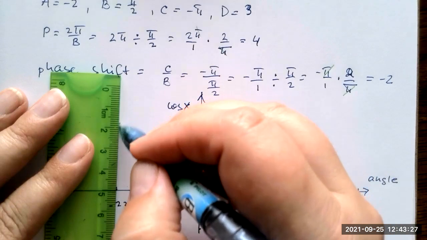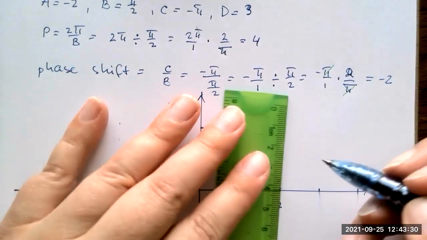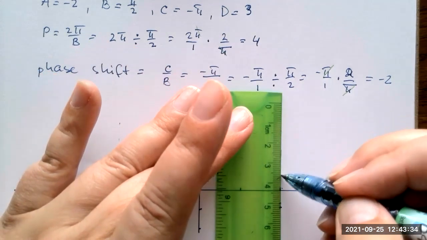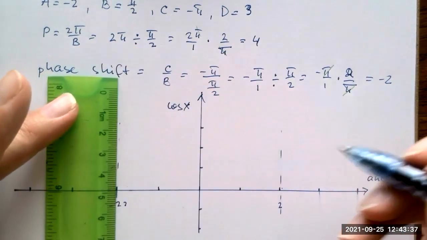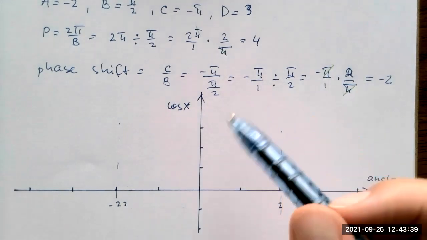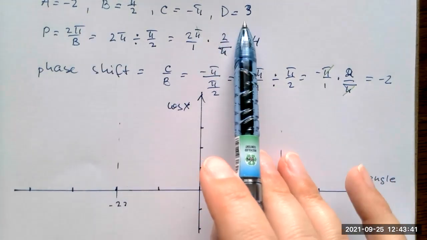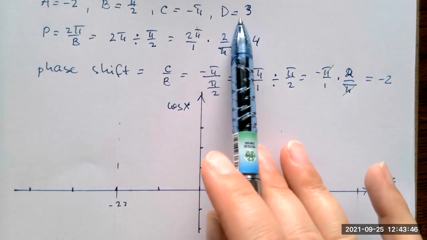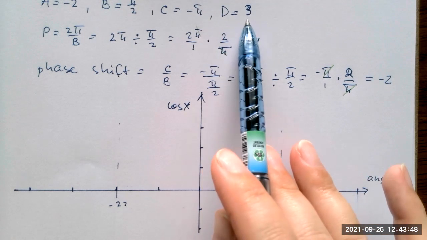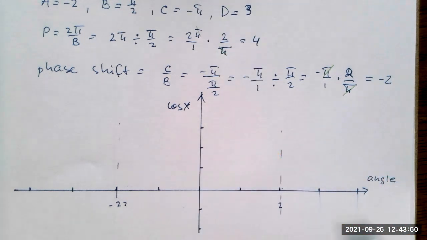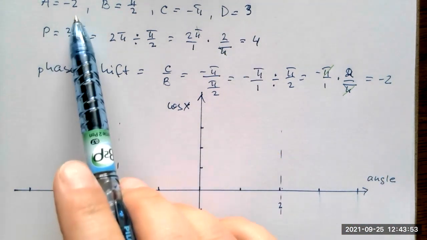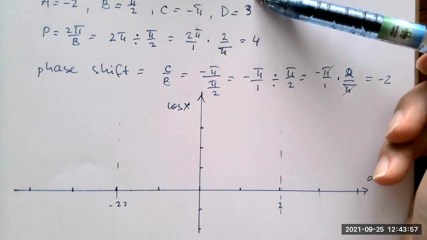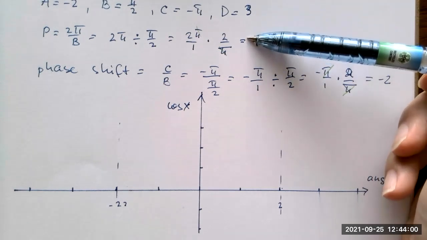I'm going to sketch it a little bit. Now the vertical shift is 3, so my midline is going to run through y equals 3. And the amplitude is 2, so I know I'm going to go 2 units above 3 and 2 units below 3.